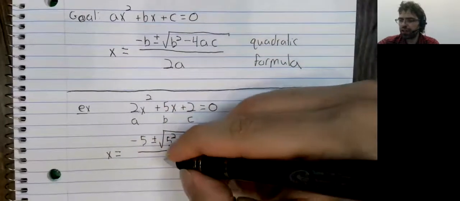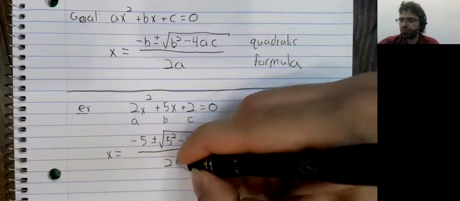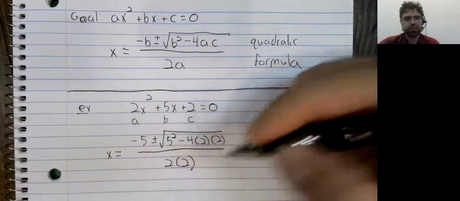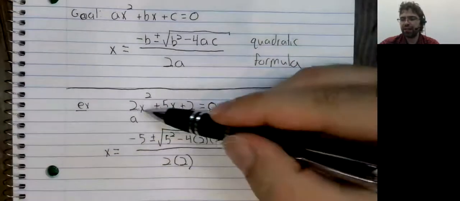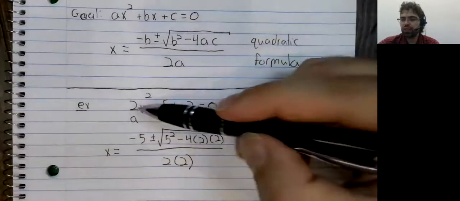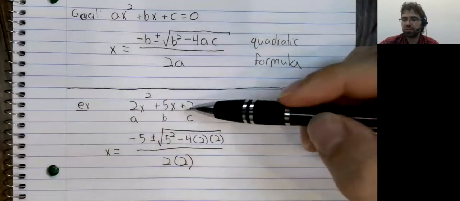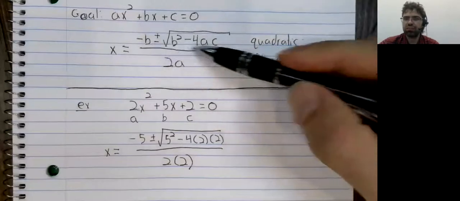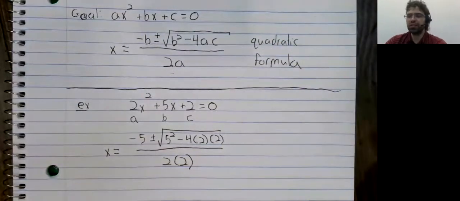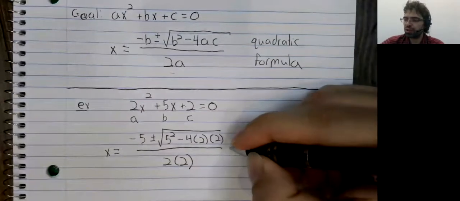All divided by 2 times a. a is 2. So we just take this a, this b, and this c and plug them where appropriate into this formula.